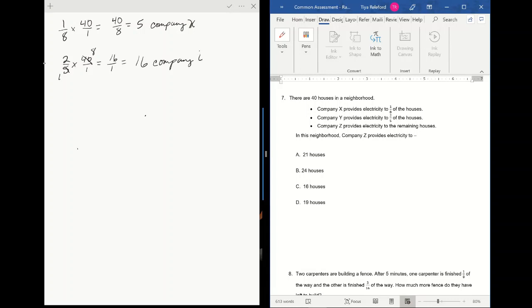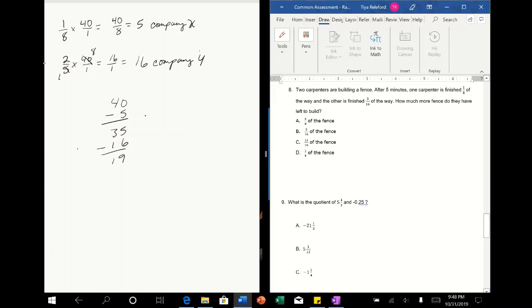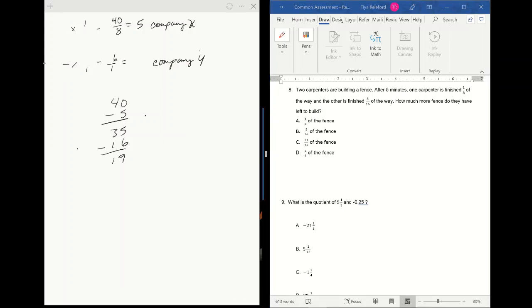And then I subtract. Of means to multiply. It's really important to remember that. It's a short word, but it's an important word.